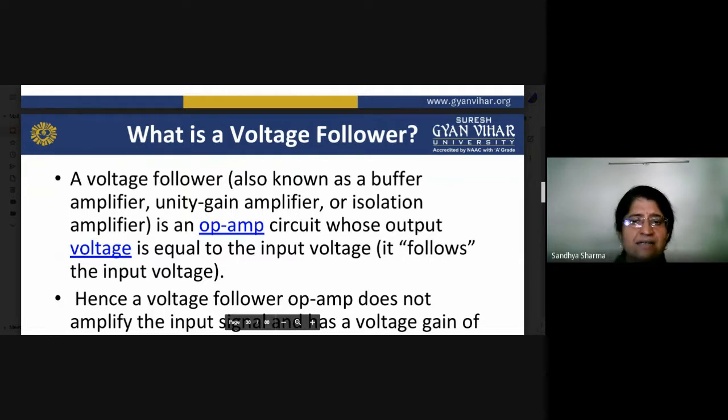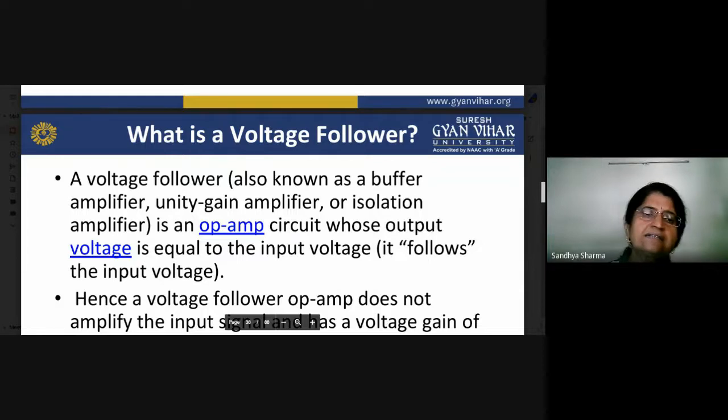You can use it as an isolation circuit, and it is a unity gain amplifier. So the voltage follower is also known as a buffer amplifier, unity gain amplifier, or isolation amplifier.